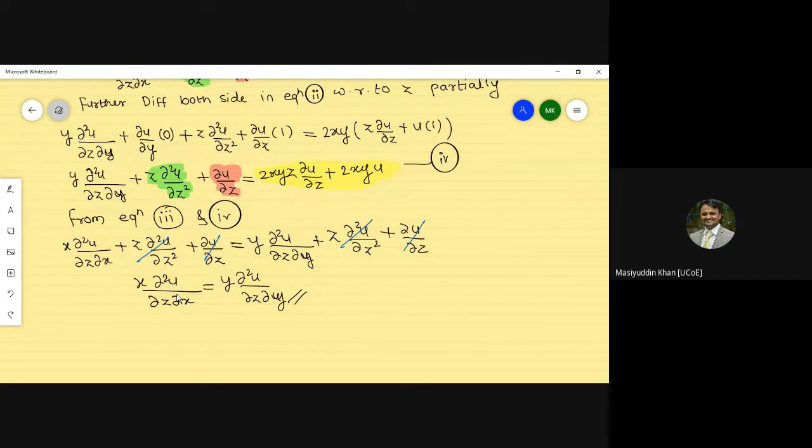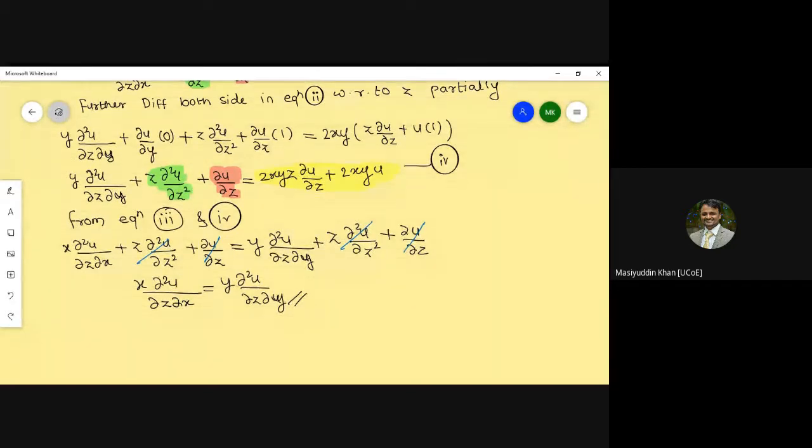So this is exactly the partial derivative which you learn here. Now anyone having any doubts, so please let me know. Just wait for 1 minute.